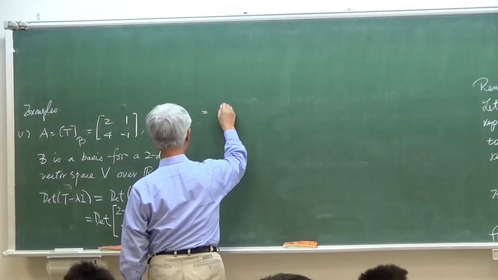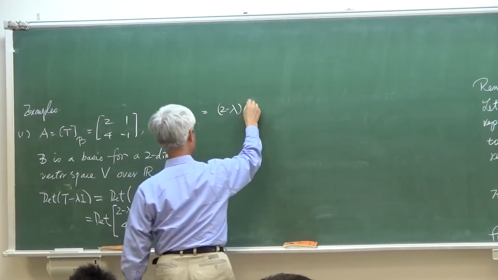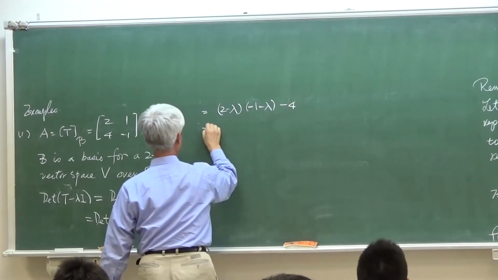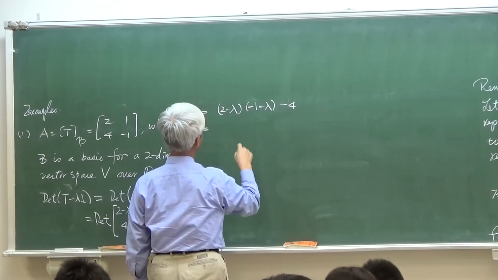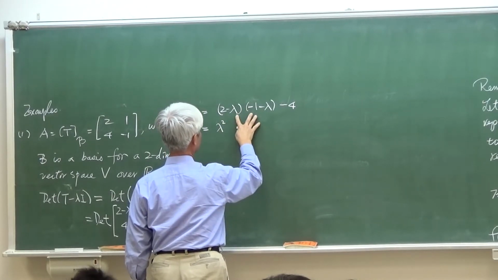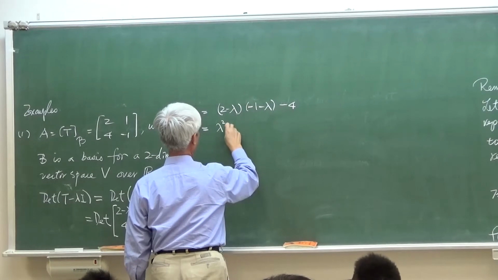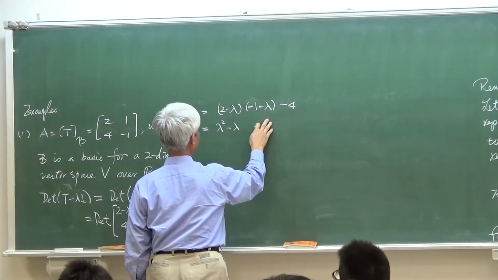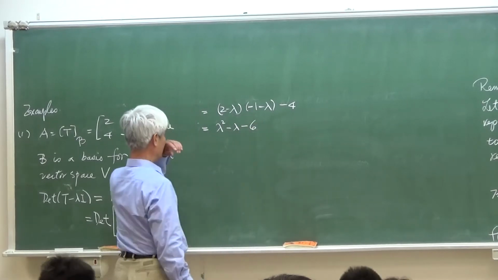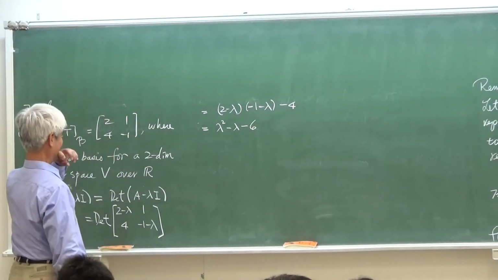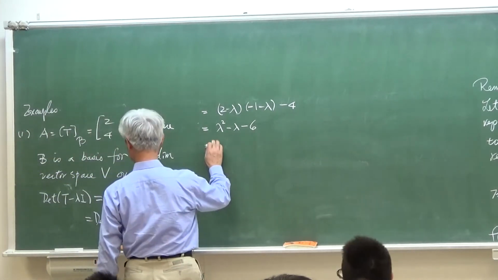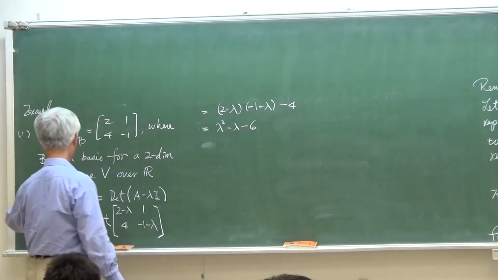So this is lambda squared minus lambda minus 6.